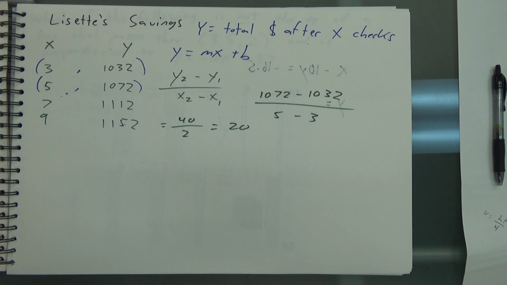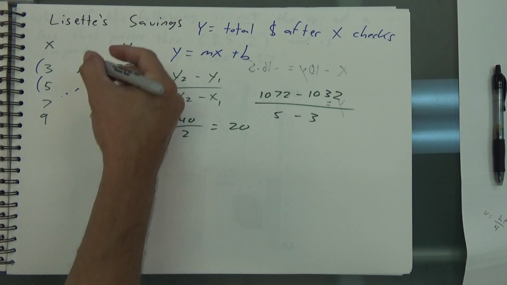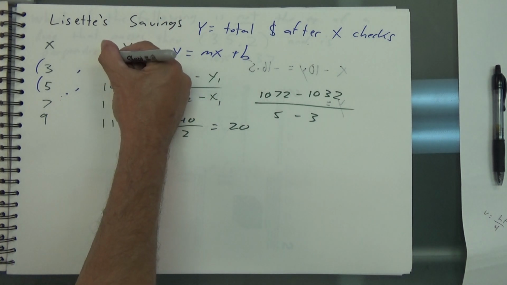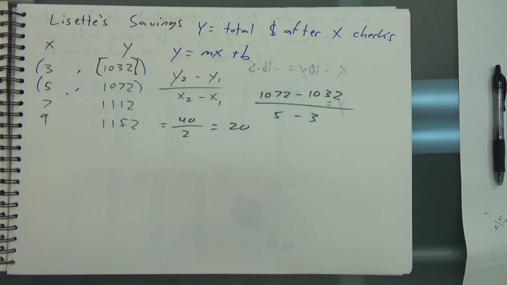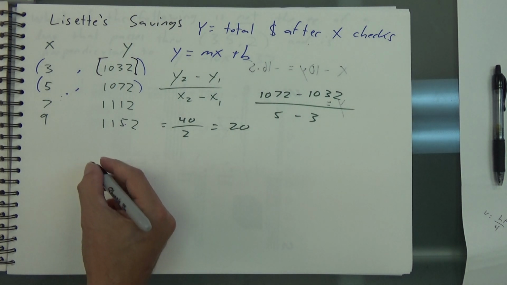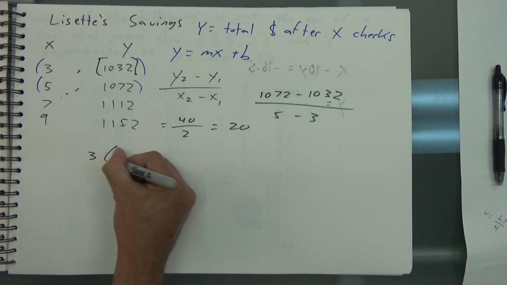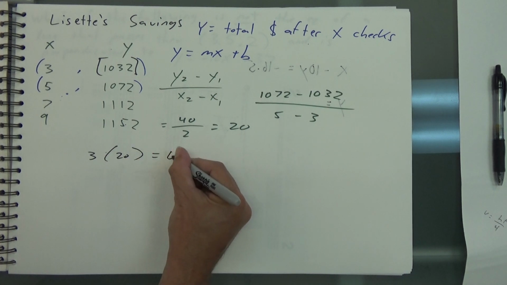So then what I need to do is find out basically how much was in the account at week 0. So how do I do that? Well, I would just take, this is after week 3. So that's 3 checks, 20, 60.